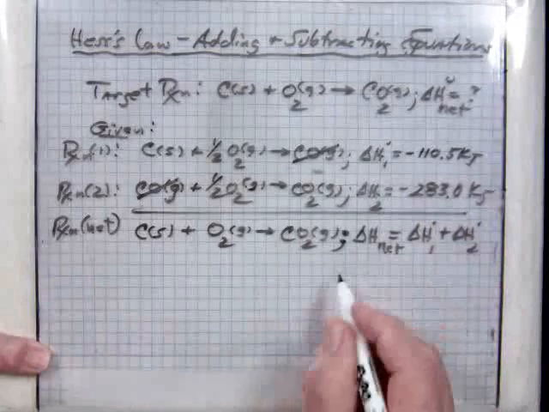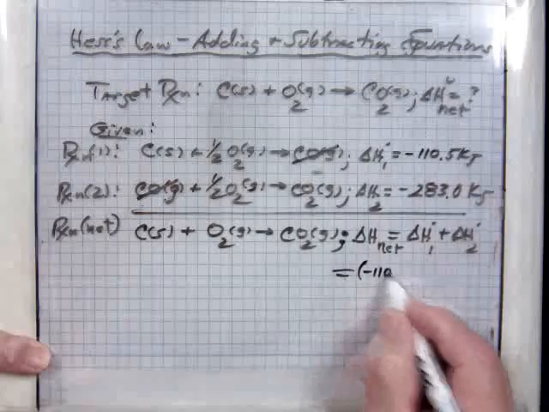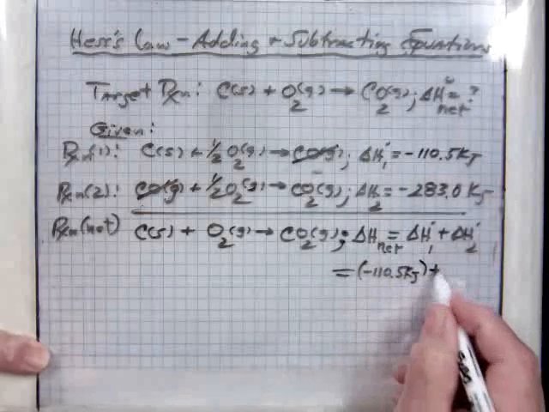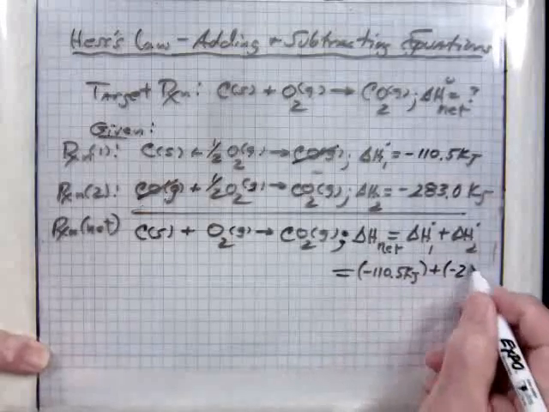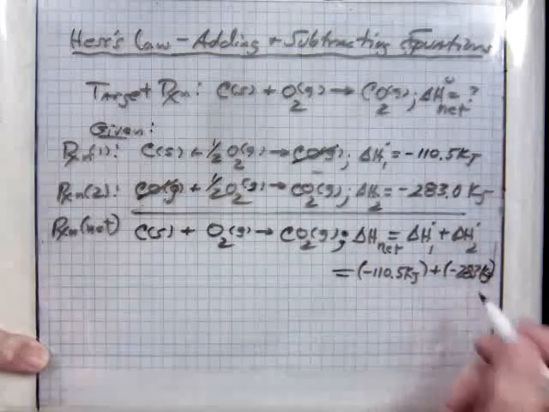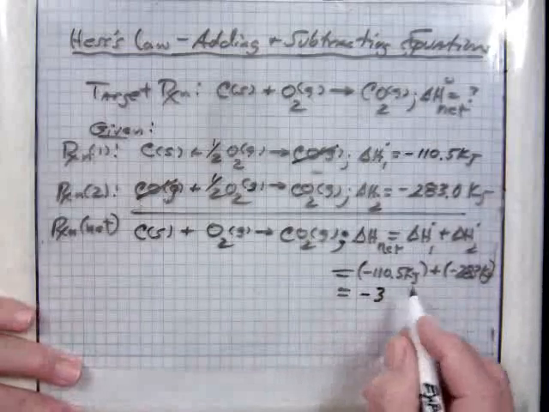So of course that would be equal to a minus 110.5 kilojoules plus a minus 283 kilojoules, and that comes out a minus 393.5 kilojoules, as shown in the answer.